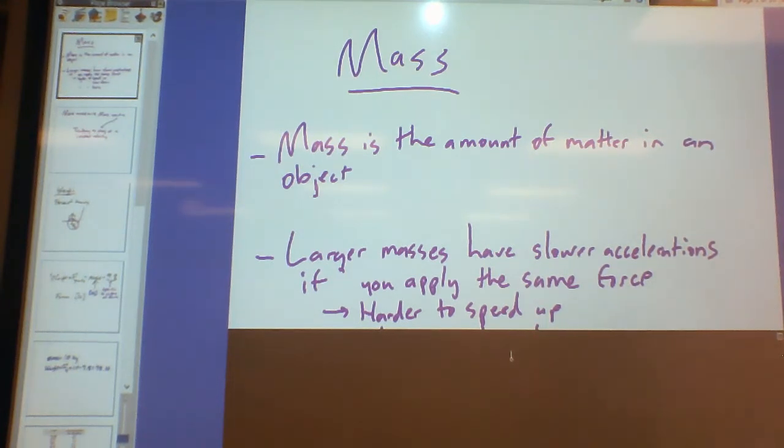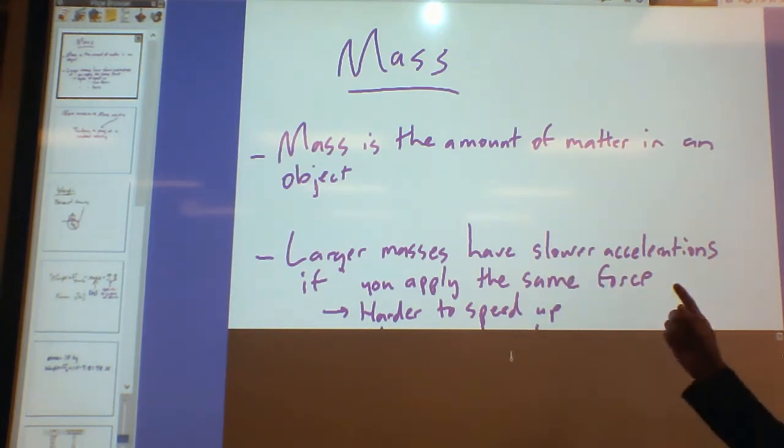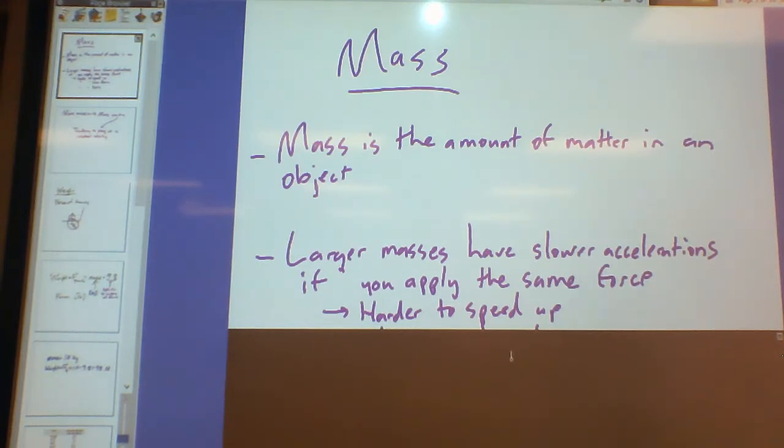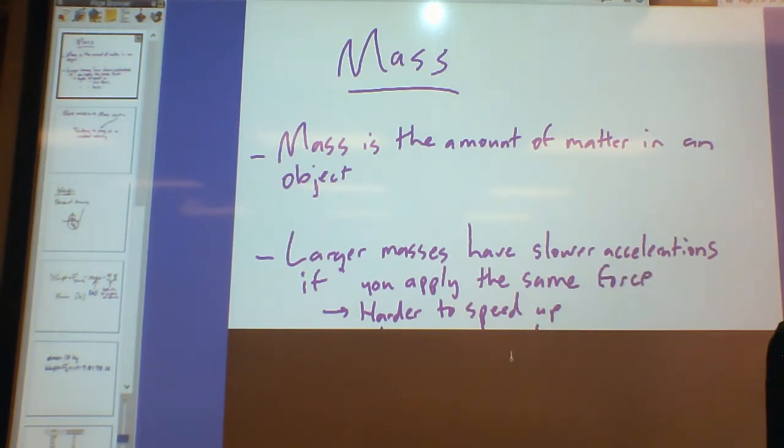However, a common misconception is that massive objects are thus slow. They are not slow. They just accelerate slowly. And remember, there's a difference between acceleration and velocity. Because if you have a slow acceleration, if it accelerates for long enough, it'll eventually be going pretty fast, all right? Let me go back to the example of the ocean liner.